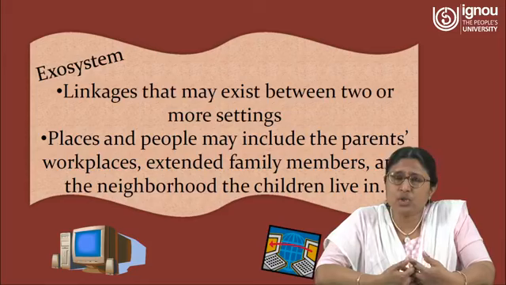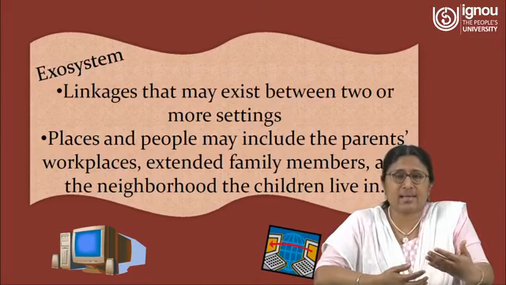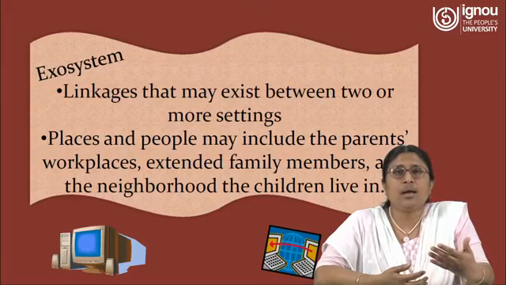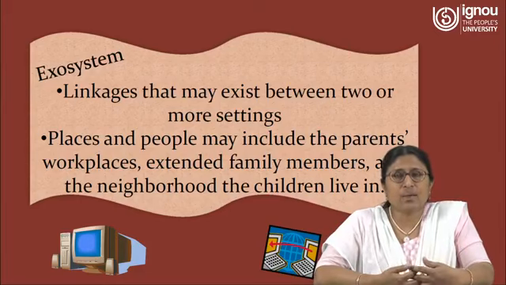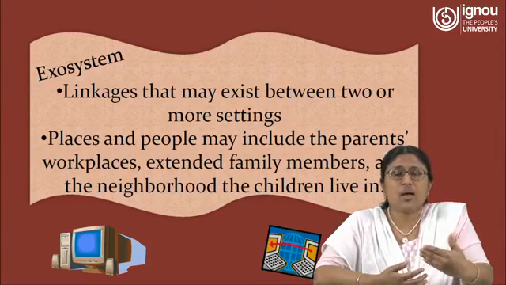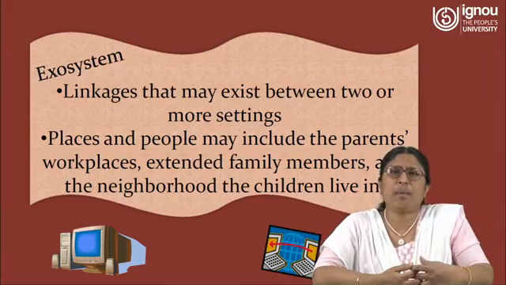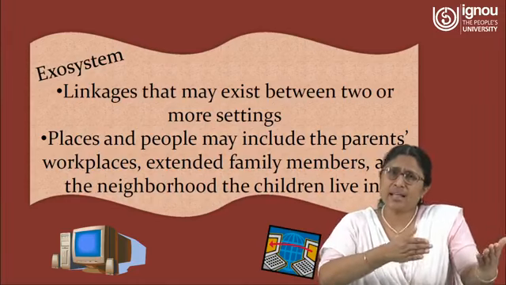Next we come to the exosystem. When we come to the exosystem, we can see the linkages that may exist between two or more settings. The places and people may include the parents' workplace, extended family members and the neighborhood the children live in. What is the importance of the parents' workplace to the development of the child?